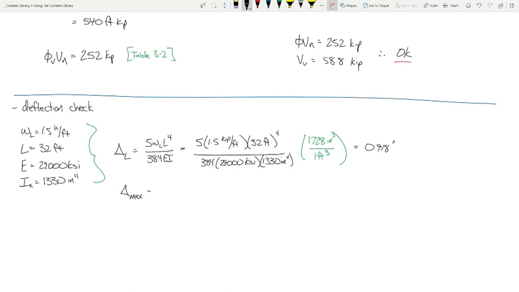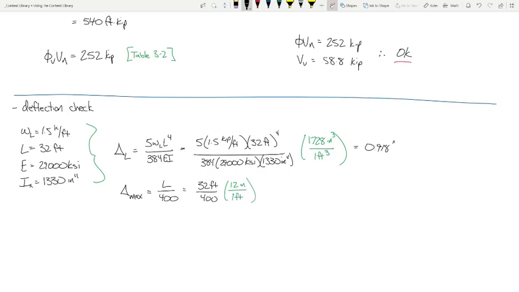So the maximum deflection is specified as L over 400. This is a common way to specify deflection limits, as L over some number. So what we're going to do is say 32 feet over 400, but we are also going to convert that so that we have a usable quantity at the end of the day.